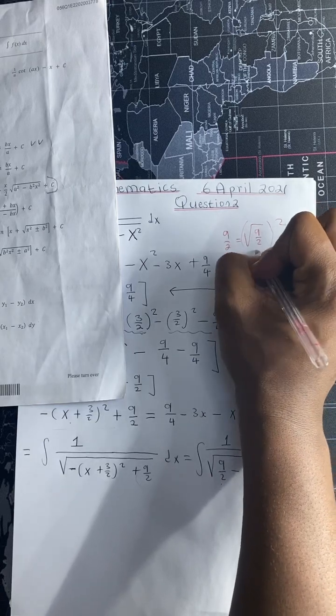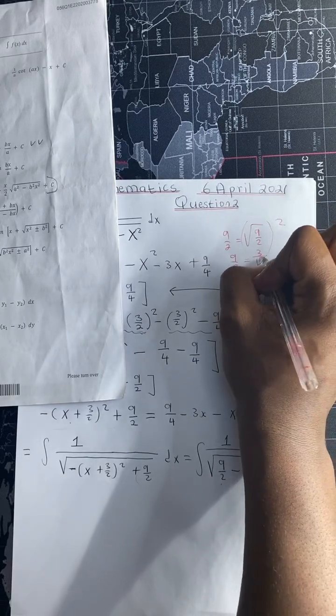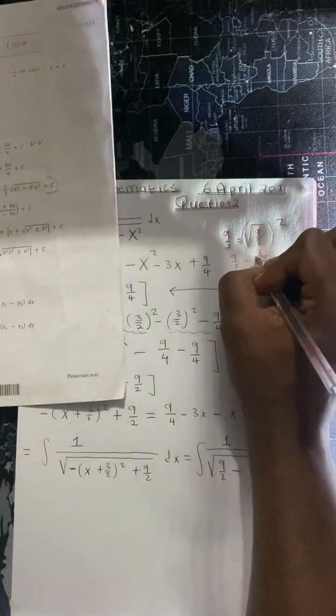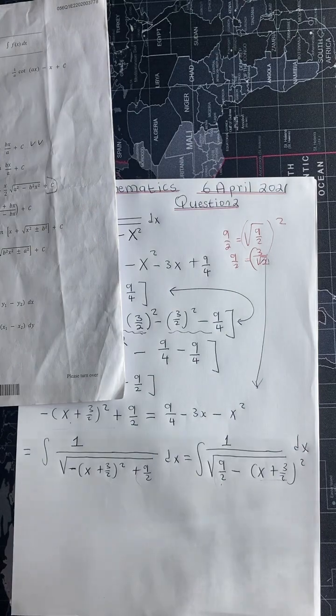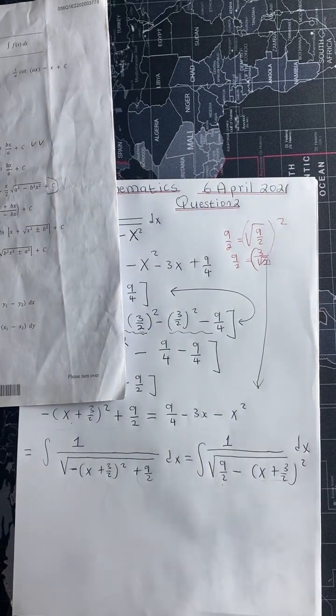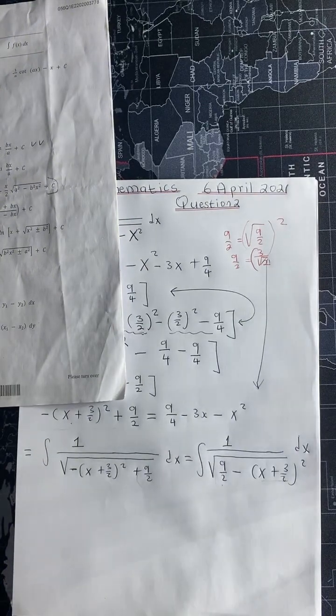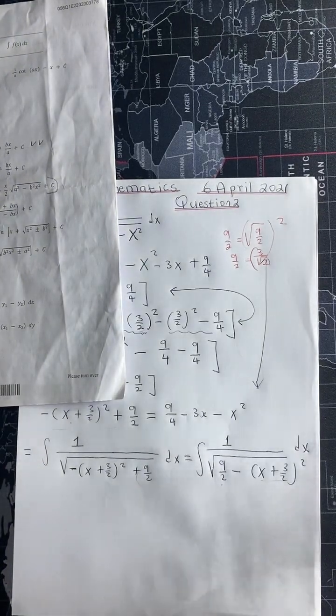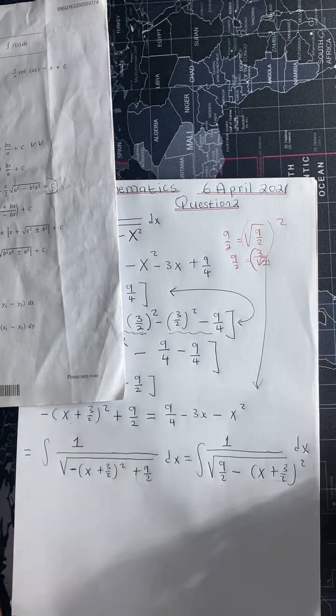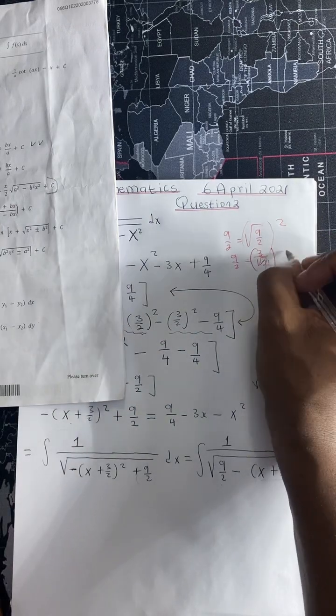The square root of 9 is 3, and the square root of 2 is the square root of 2, squared.